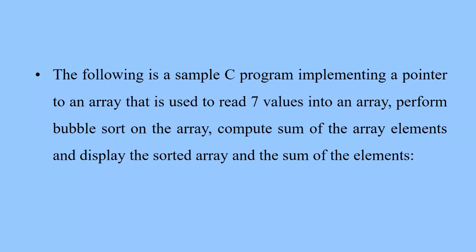The following is a sample C program implementing a pointer to an array that is used to read 7 values into an array, perform bubble sort of the array, compute the sum of the array elements, and display the sorted array and the sum of the elements. So that's our preprocessor directive for input-output, then a constant of size 7. Then we have a function prototype called input_scores, which receives a single parameter, a pointer of type integer.